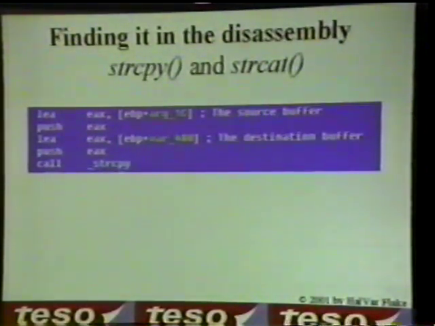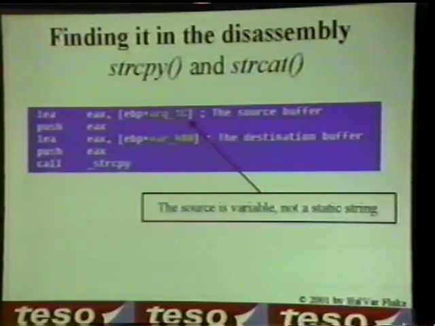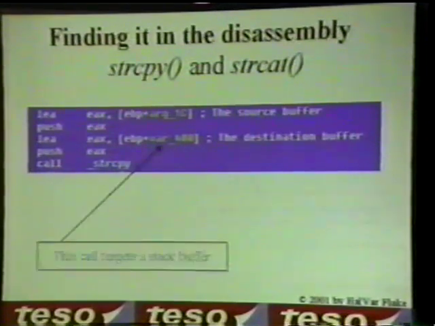So this is how a suspicious string copy call looks in the disassembly. We have the call to the string copy function, which has been recognized by IDA, the disassembler. As a source buffer, we do not have a static string. We have something that's dynamically generated at runtime, which could be user supplied. And we have a destination buffer on the stack which is 400 hex bytes long.